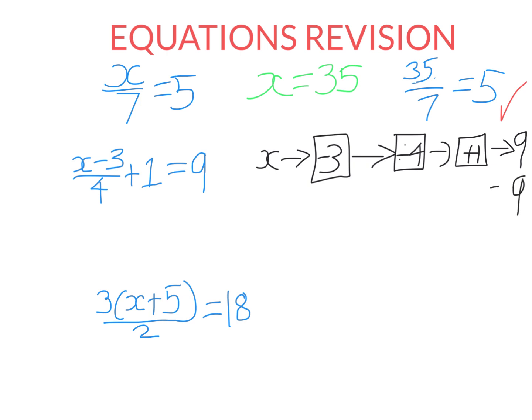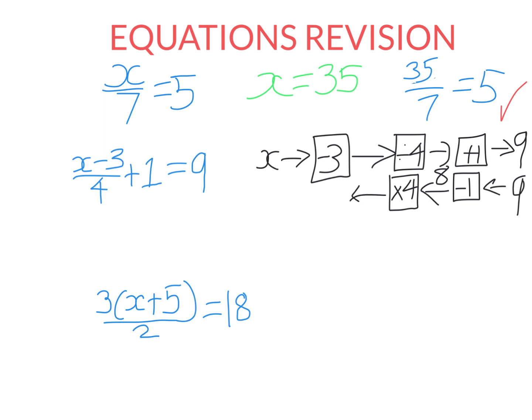We start at 9. So instead of adding 1, we do the opposite. The opposite of adding 1 is subtracting 1. So 9 minus 1 is 8. Now we come to here. This way, through this machine, we divide by 4. So when you're going the opposite way, you do the opposite. The opposite of dividing by 4 is timesing by 4.